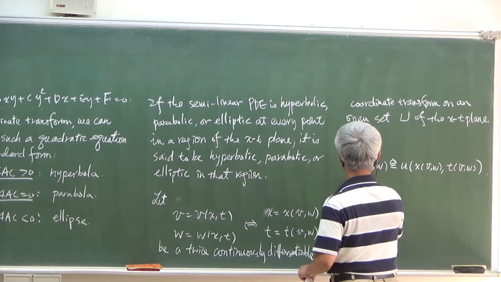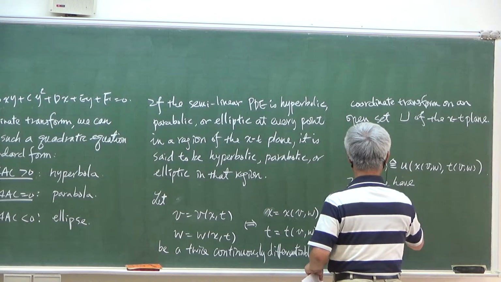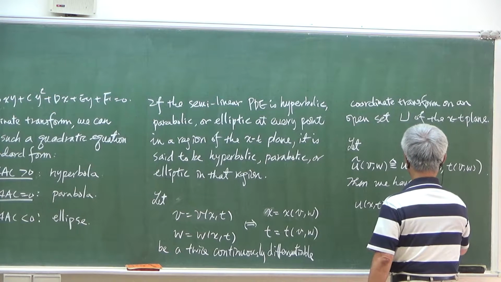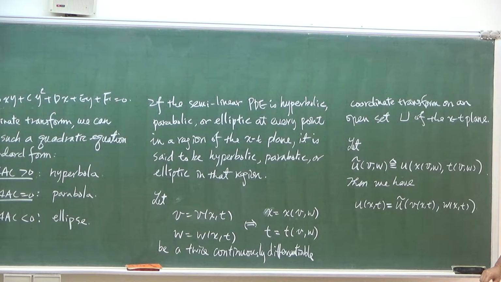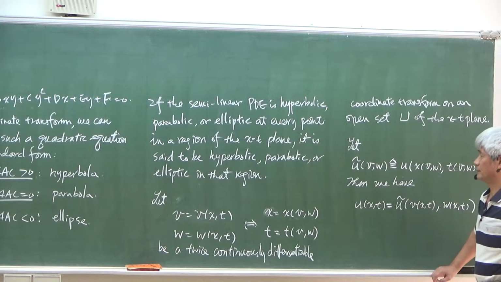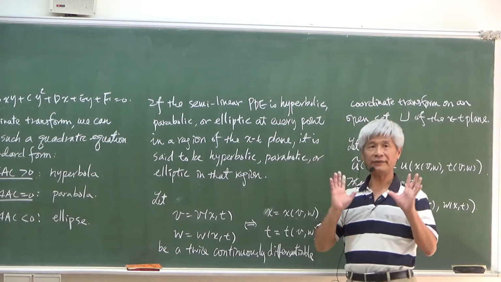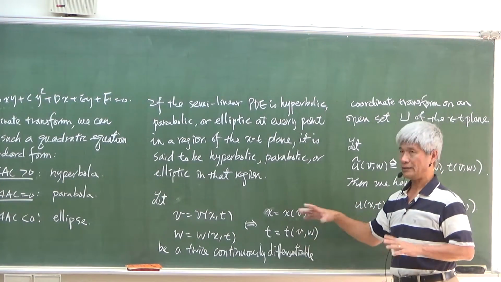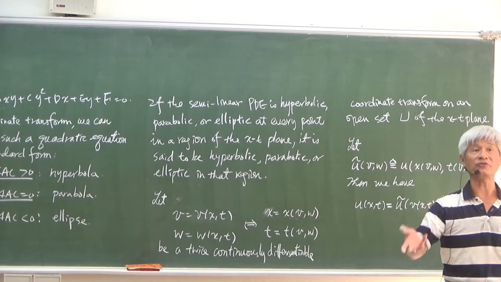Then of course u(x,t) can be written by the new function u tilde as u tilde of v(x,t), w(x,t). So suppose we have such a twice continuously differentiable coordinate transformation. So we first assume the existence of such a coordinate transformation, right? And try to find it.